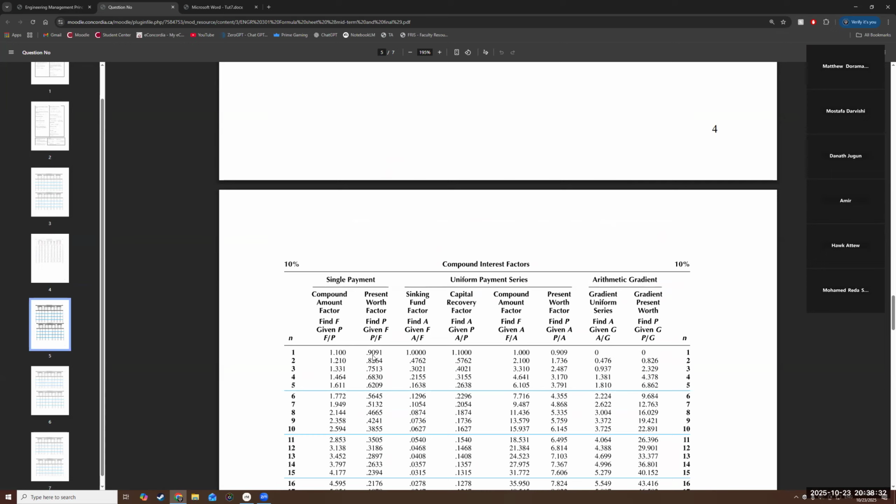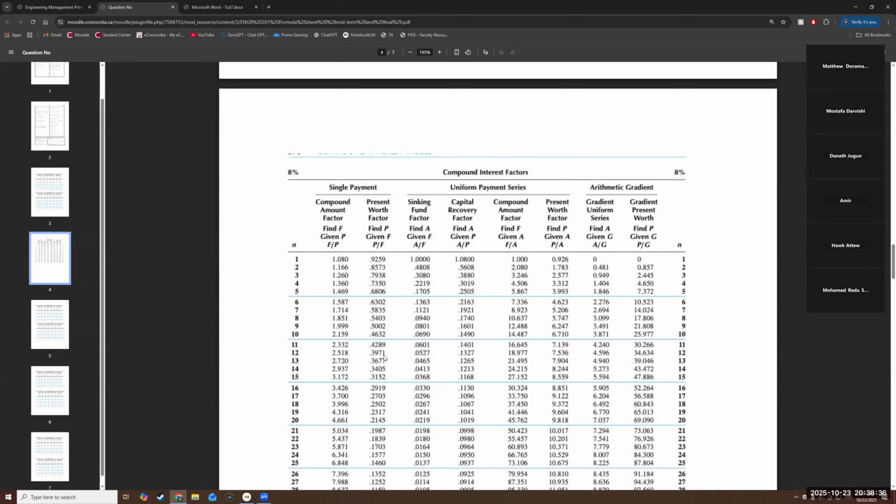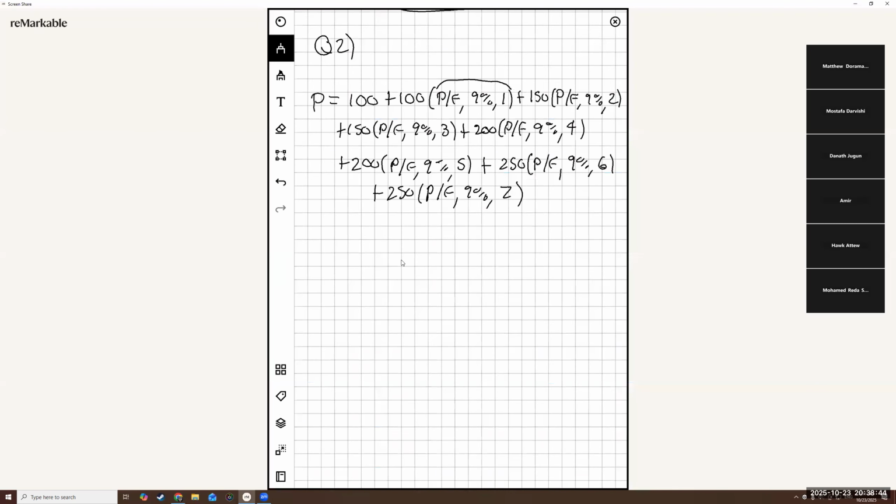So 0.9259 and 0.9091. Take the average between them. It is 0.9175. That will be our value for this factor. And rinse and repeat with all the other terms.